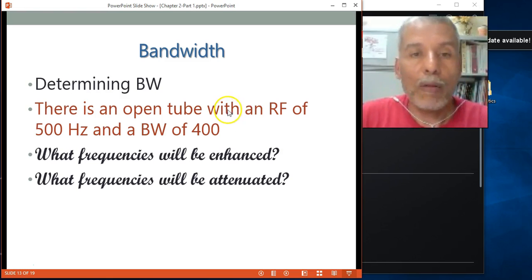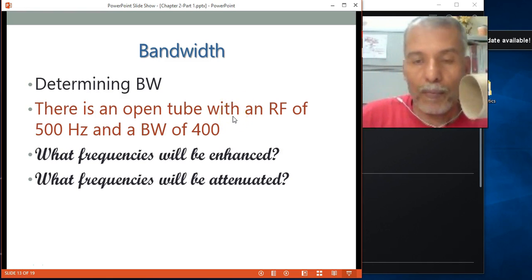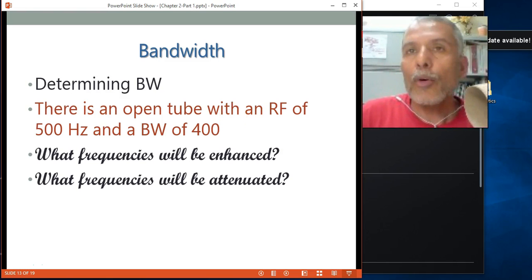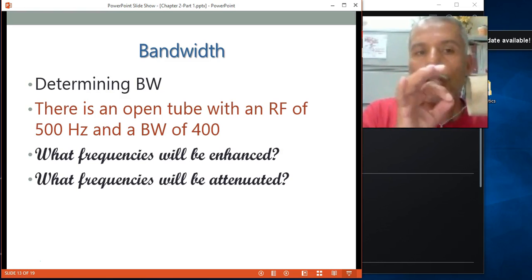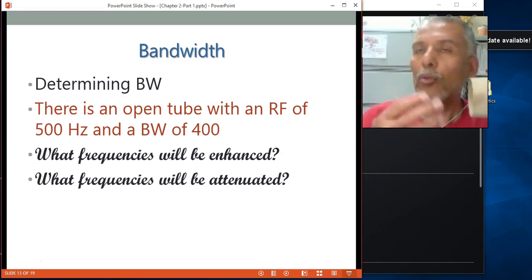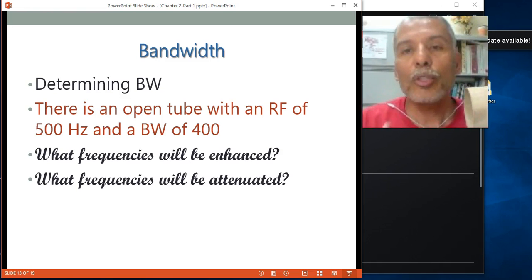So imagine yourself like this. You have a tube that is, say, 500 hertz. And the one whose frequency comes close to the tube is going to be amplified best.